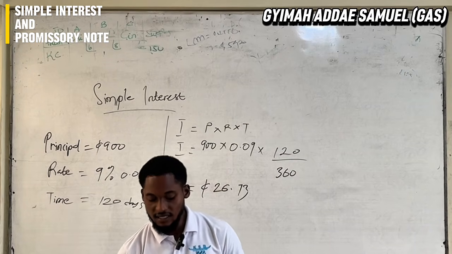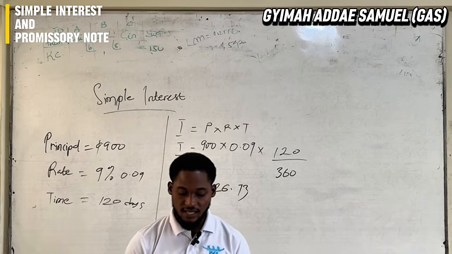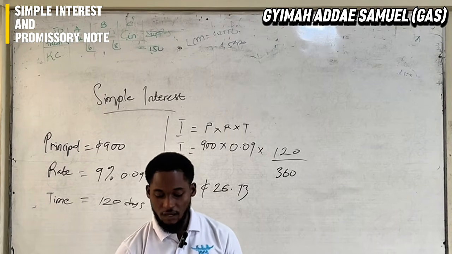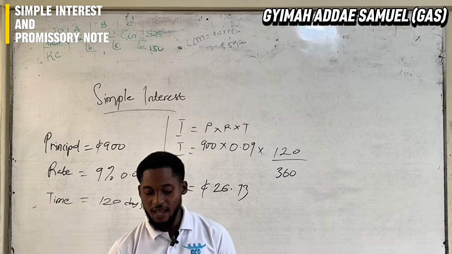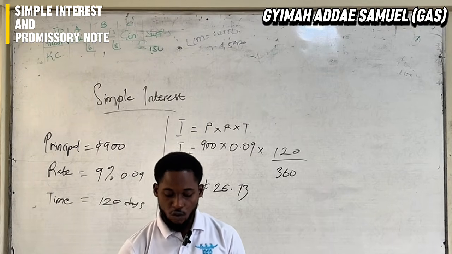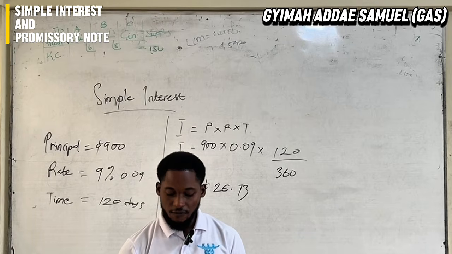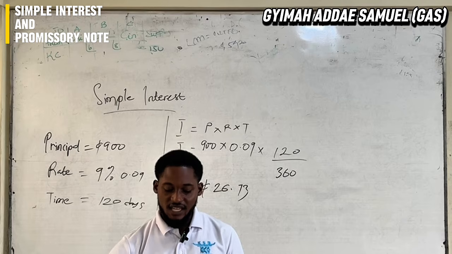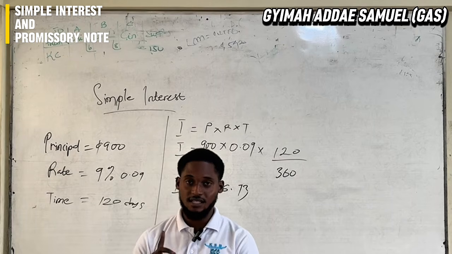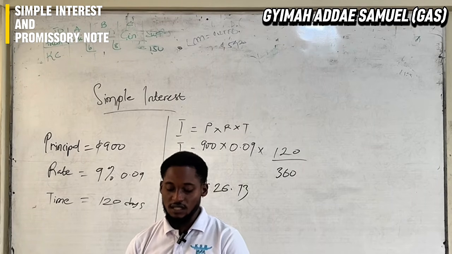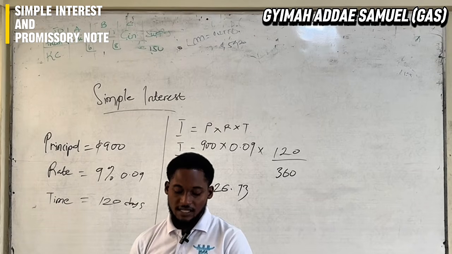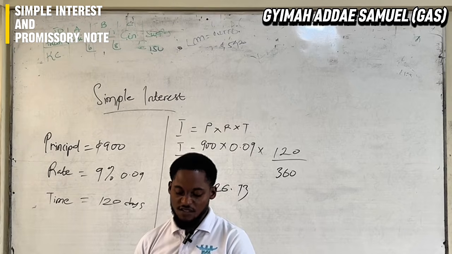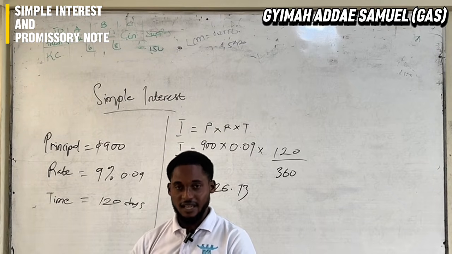It says, given that the ordinary method uses 360 days and the exact method uses 365 days, the denominator for the ordinary method is usually smaller, and therefore interest payment under the ordinary method is higher.